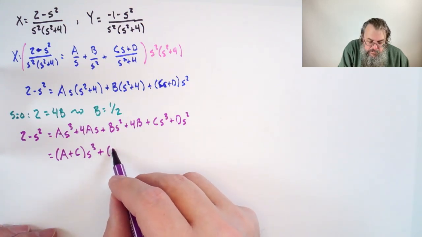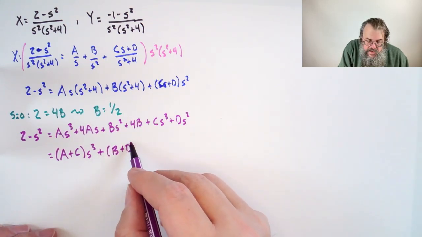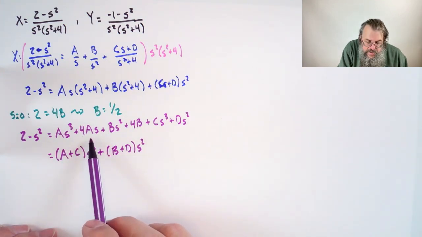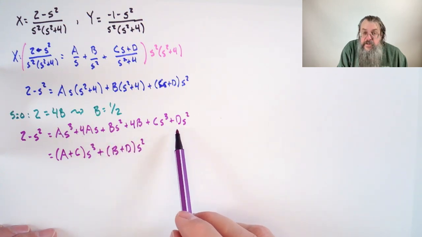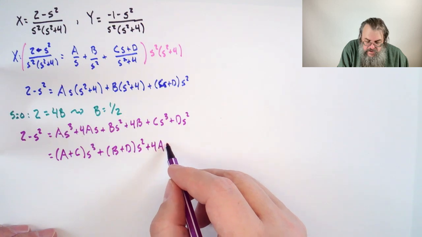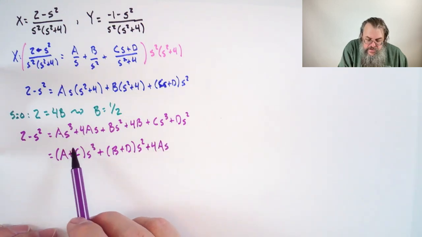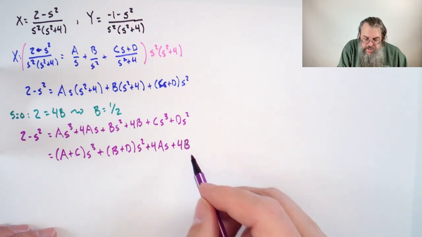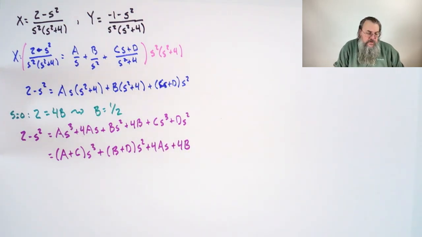So b plus d times s squared. What about s? Well, there's a 4as, and that's it. Okay, great, 4as. And what about constants? Oh, there's a 4b.